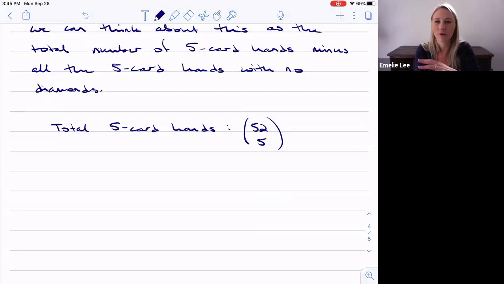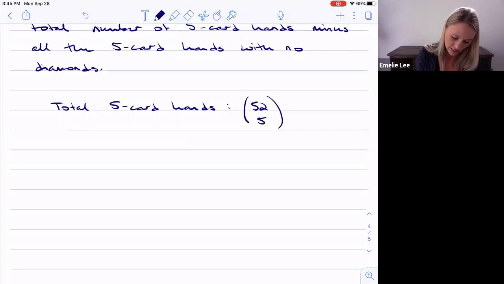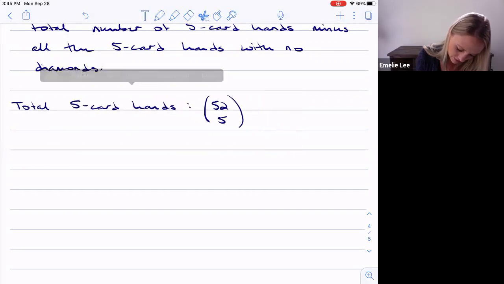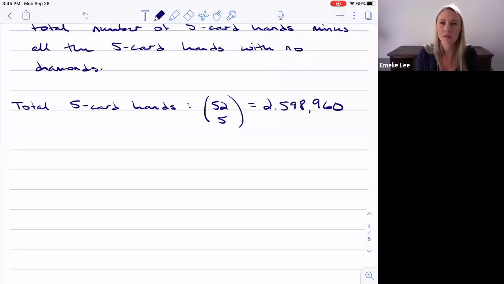So if I'm dealing a 5 card hand, then there's no repetition. That's just kind of a trick of the trade, I guess. So the total 5 card hands we've already found, it's a big number, is 2,598,960. Okay.